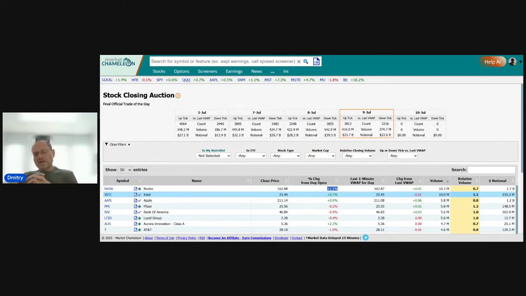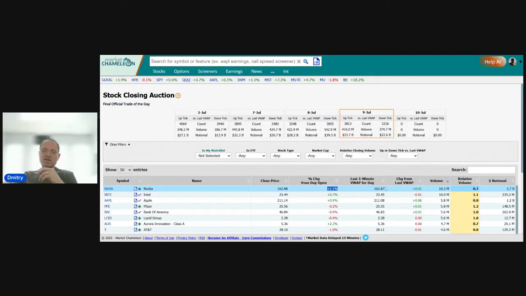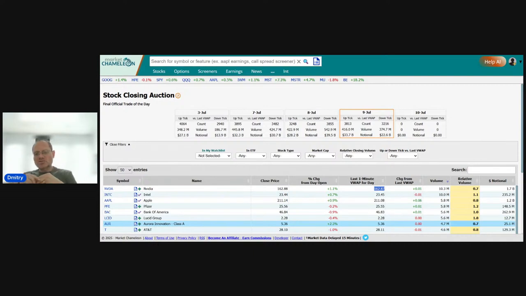Also, we can compare it to other reference prices. In this situation, we're looking at the last 1 minute VWAP price of the day in regular trading hours. So this is right before the closing price. Where was the stock trading at that minute? In the minute leading up to the closing price, did we trade close to that price or very far away?